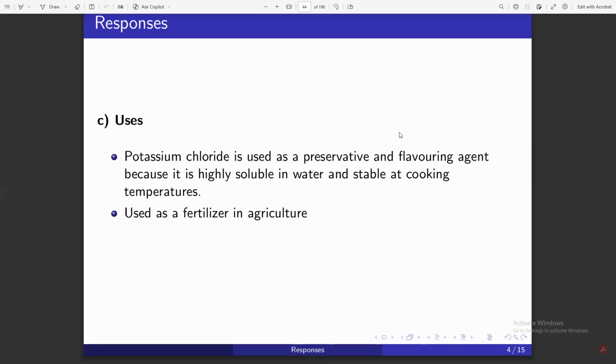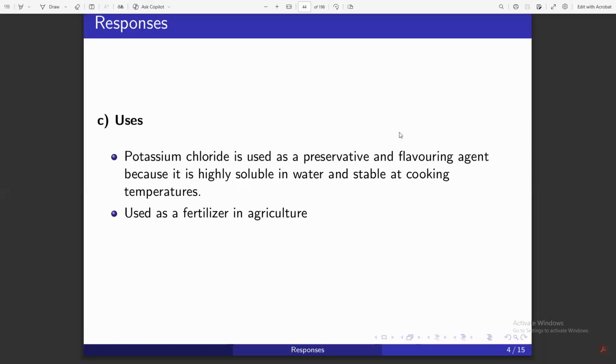Potassium chloride is used as a fertilizer. Why? It is made up of potassium ions and chloride ions, which are essential in plant growth. So it can supply those ions that make it up to soil or to plants.